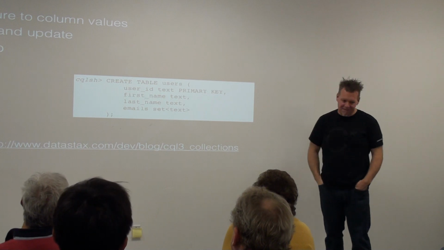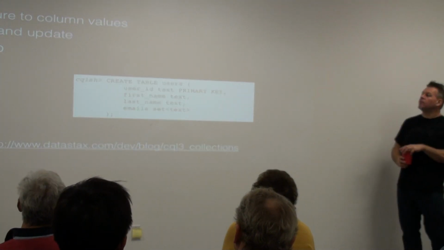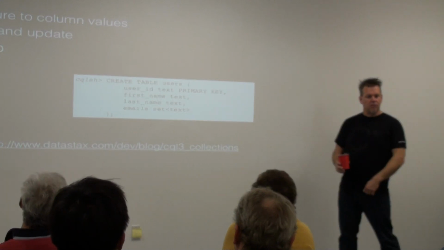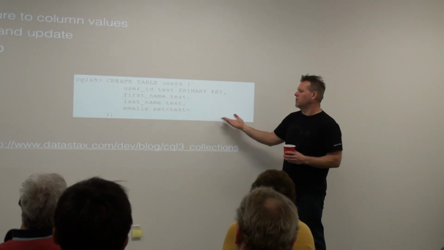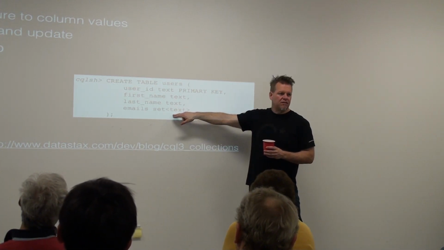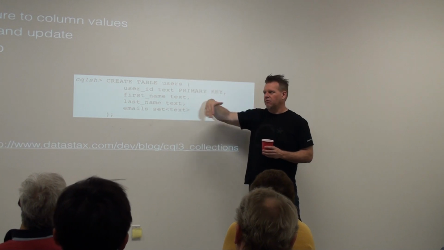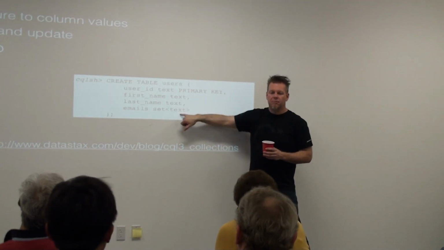Okay, so collections. This is a little more in-depth. Of course, whenever you want to use collections, you have to use our driver, which I'll talk about. But basically, when you want a set of emails, like a list or a set or a map, you can create a set and give it a type text.